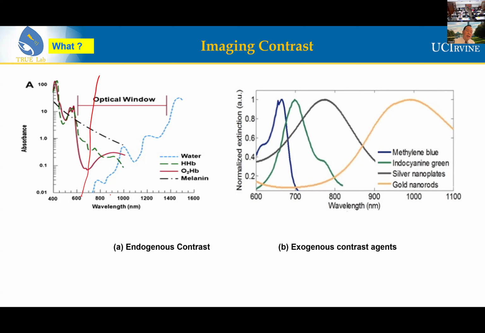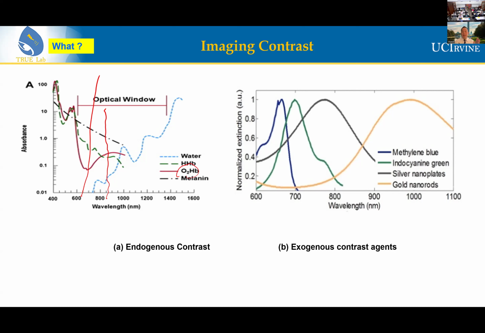However, at a different wavelength, let's say above 800, 850, you get a different absorption. You still have pretty strong absorption for melanin, a stronger absorption for oxygenated hemoglobin, but less absorption for deoxygenated hemoglobin.